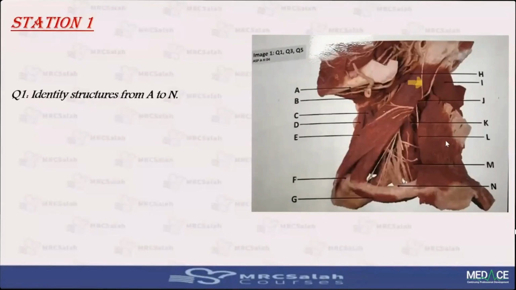The D is sternohyoid muscle. The E is sternocleidomastoid. F is clavicle. G is subclavius muscle, I think. H is posterior belly of digastric or stylohyoid.